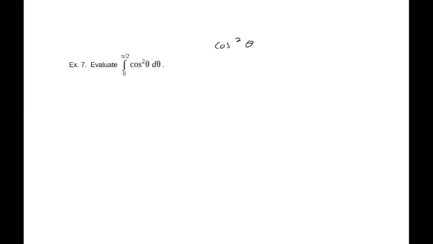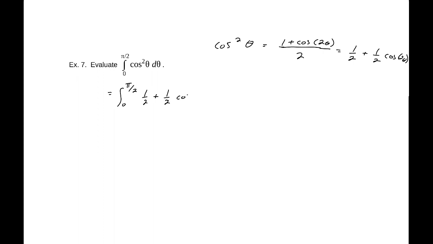Cosine squared theta equals 1 plus cosine of 2 theta over 2, which is equal to 1/2 plus 1/2 cosine 2 theta. So what this becomes is the integral from 0 to pi over 2 of 1/2 plus 1/2 cosine 2 theta d theta. Let's put this in brackets.